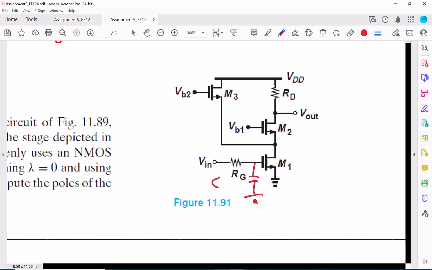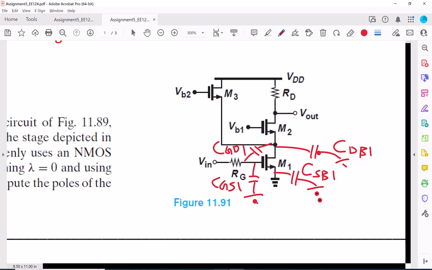This is CGS1. So difficult to write. And then you have CGD1, CSB1, and then you have CDB1.